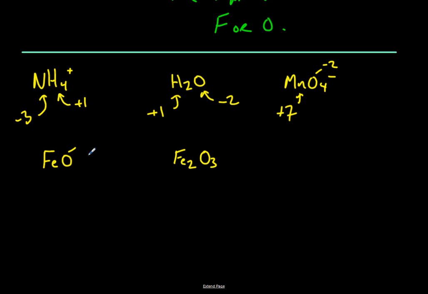But the oxidation states of transition metals, they often have multiple oxidation states. So if you look, in this case, iron's got to be a +2, right? In this case, it's got to be a +3. So this is where we get this concept that we can make a +2 ion or a +3 ion.